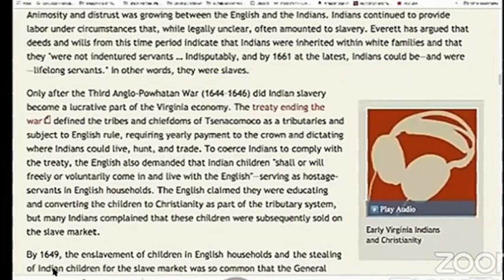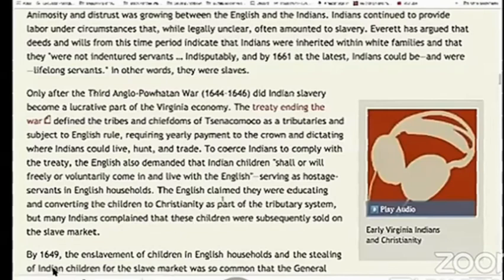To coerce Indians to comply with the treaty, the English also demanded that Indian children freely or voluntarily come in and live with the English, serving as hostage servants in English households. The English claimed they were educating and converting the children to Christianity as part of the tributary system, but many Indians complained that these children were subsequently sold on the slave market.